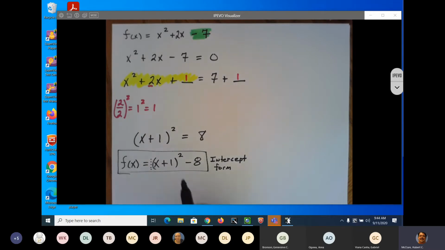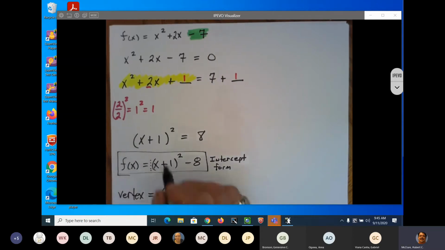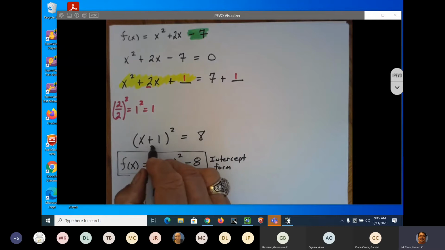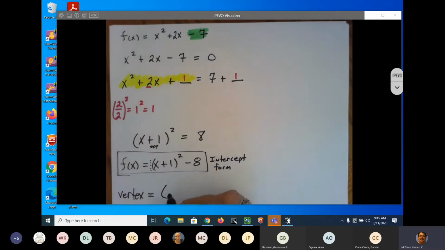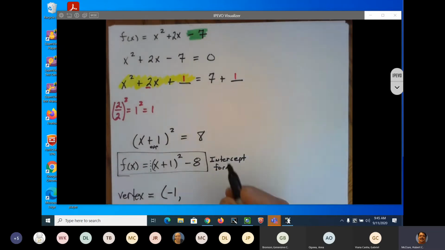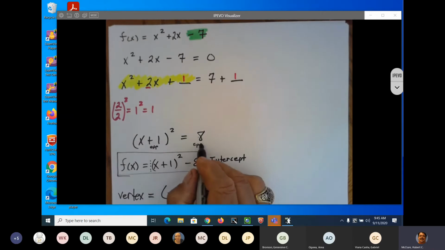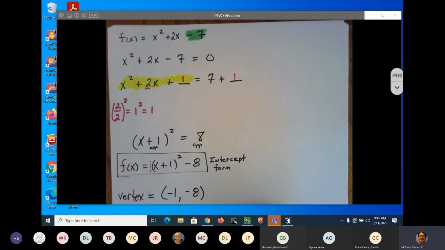Or you can just look at this and say the vertex is equal to the opposite here of -1 and the opposite here of -8. Either way, you get the same answer. The vertex is -1, -8.